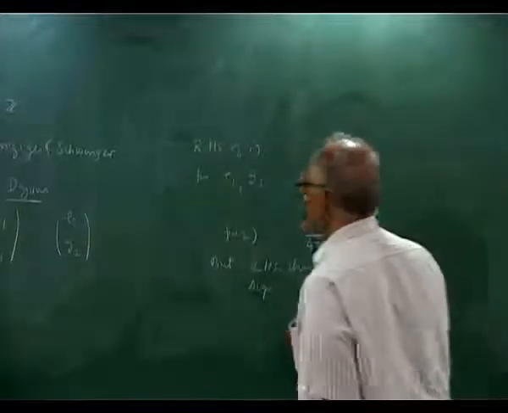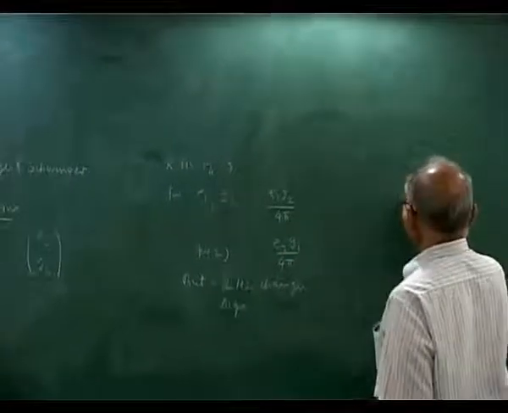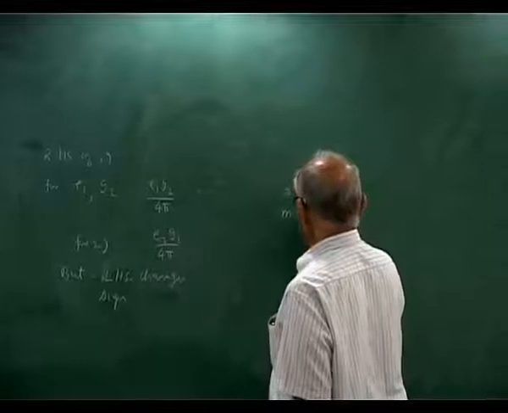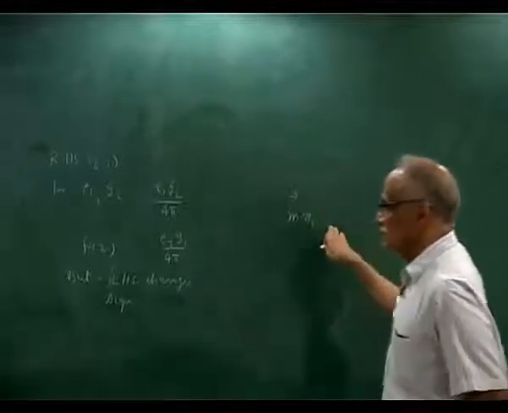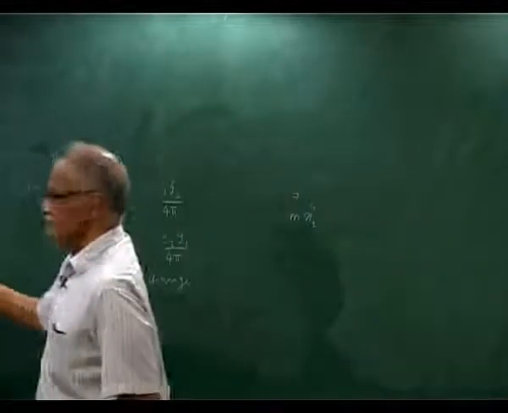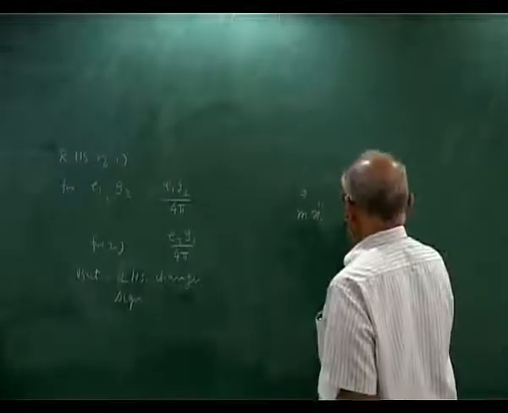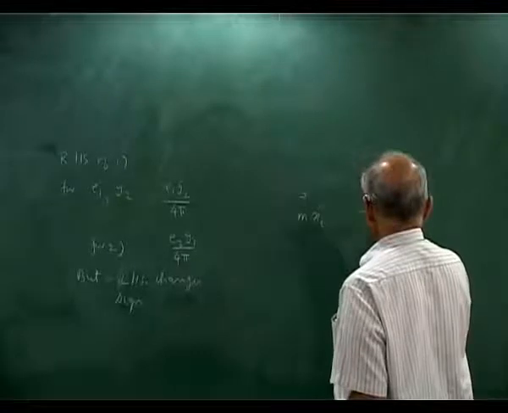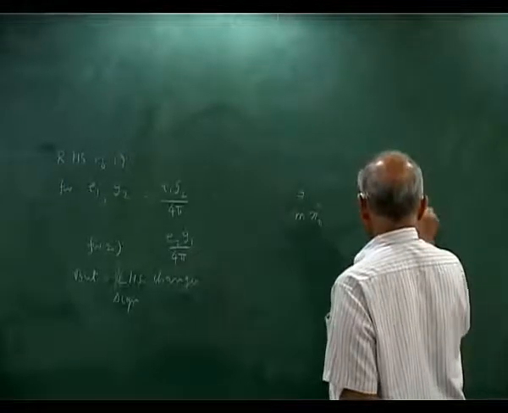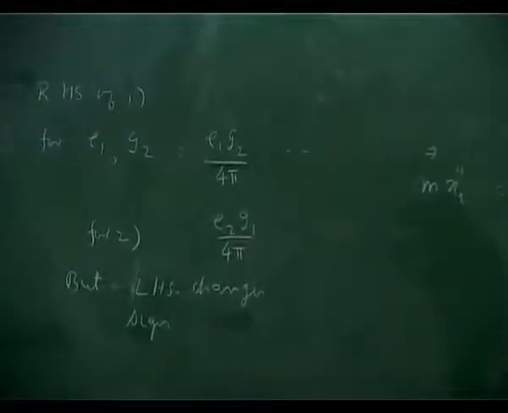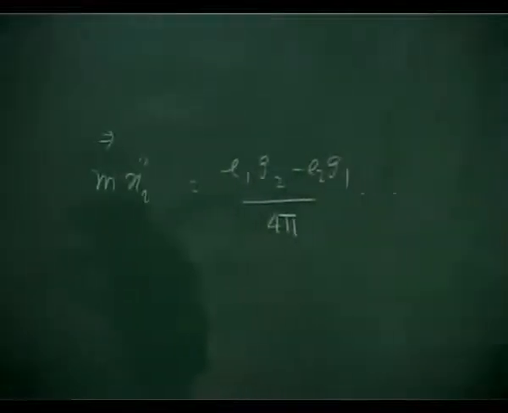So what happens is, implying that m xi double dot, where x is the relative coordinate between this and this, is equal to E1 G2 minus E2 G1 over 4 pi times dot dot dot. So this has changed character.